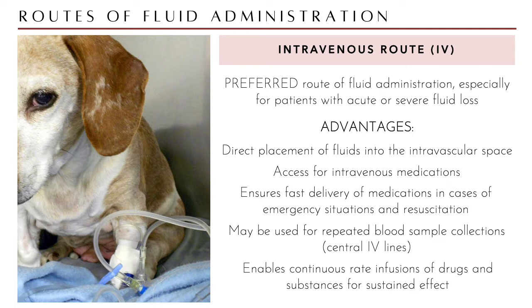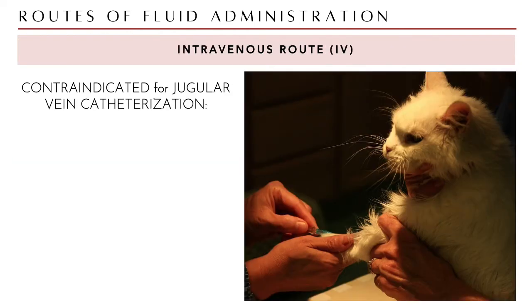of administration, right? So, what are the conditions which make a patient contraindicated for jugular vein catheterization or even blood collection? Jugular vein is one of the best sites for blood collection, but what is a contraindication for that?